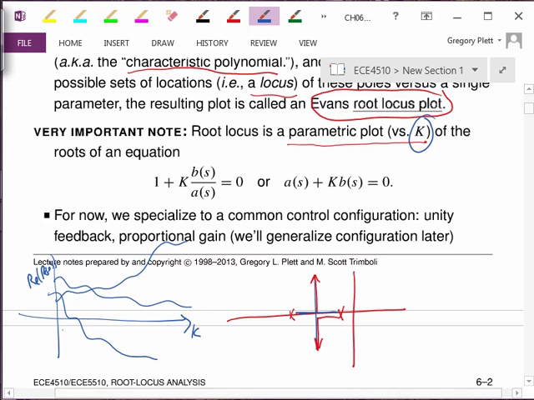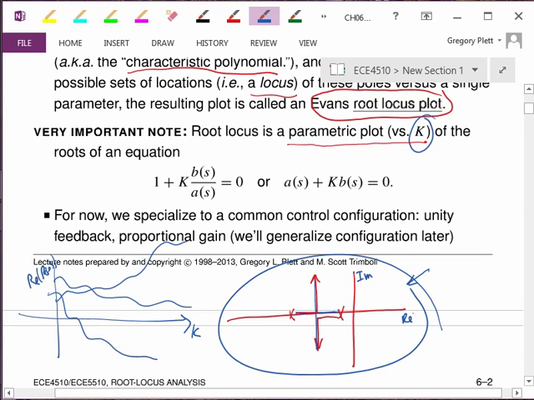And in fact, that's a little bit harder to use because it's harder to see what the combination really means than if I look at something like this. So anyway, the plots that we have are going to look like this. This is the imaginary axis, that's the real axis, and we're going to show where poles can be as k varies, and then we'll have another way of figuring out what value of k achieved a certain set of pole locations.